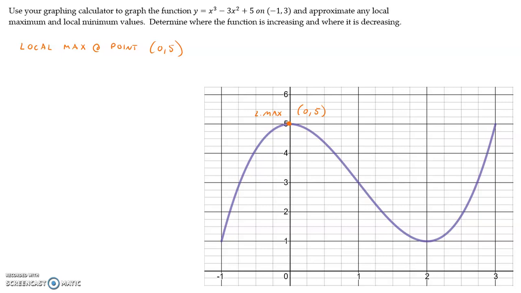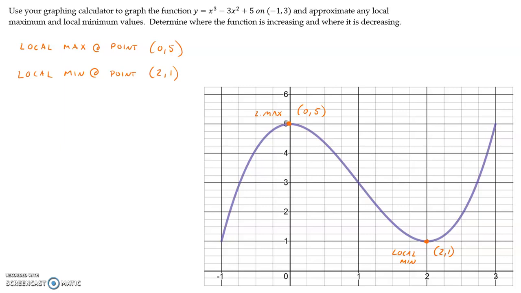And then our local minimum is going to occur at the bottom part of this curve, which is going to be at the point (2, 1). We'll state that one as coordinates as well.